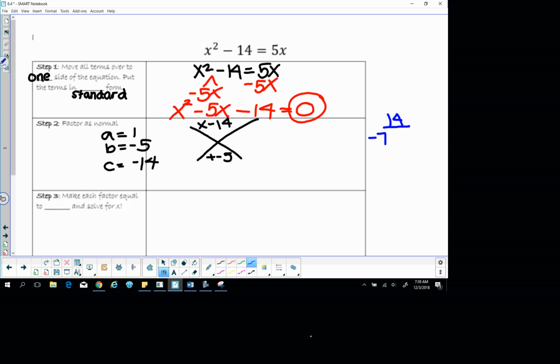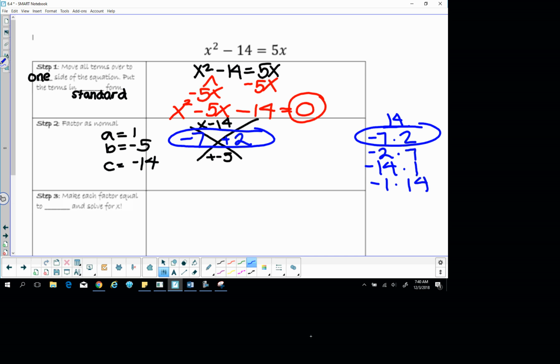I know one of them has to be negative, so I'll make each of them negative. What else? What's the last one? -14 and 1, -1 and 14. Out of those, which one adds to -5? Ding, ding, ding. Remember, you don't need to do that every time. If you can think of it on your own, you don't need to list them.